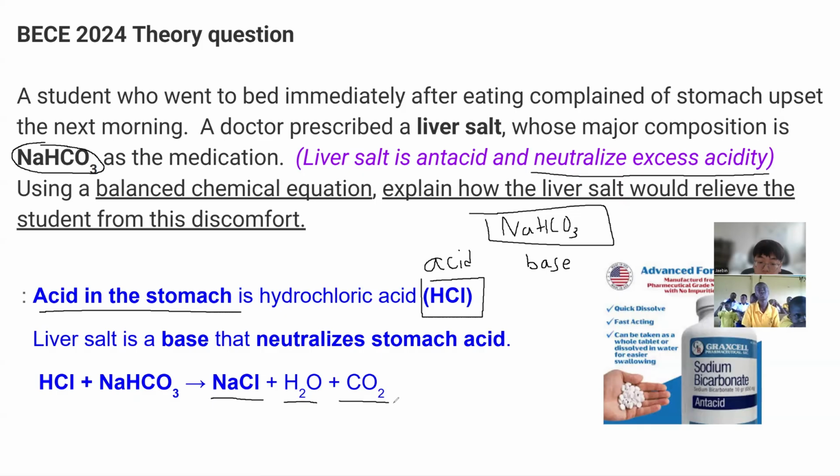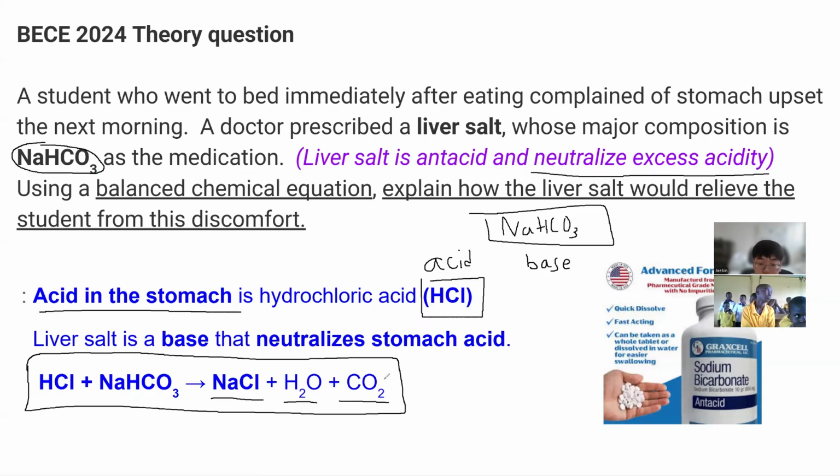And then it forms carbon dioxide as a byproduct. So this is the balanced chemical equation of a neutralization reaction. Remember, this example is called a neutralization reaction because it involves an acid and a base.